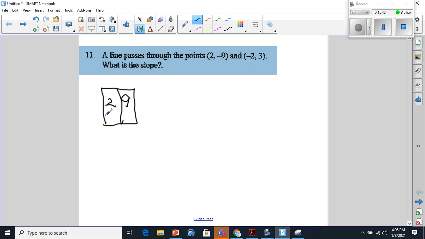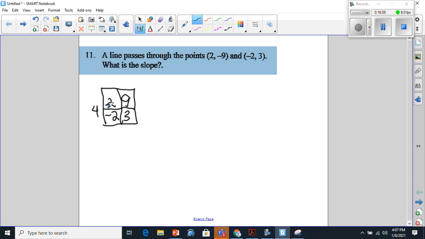When x is -2, y is 3. Well, that means 2 and then -2, so that's going to be a difference of 4.